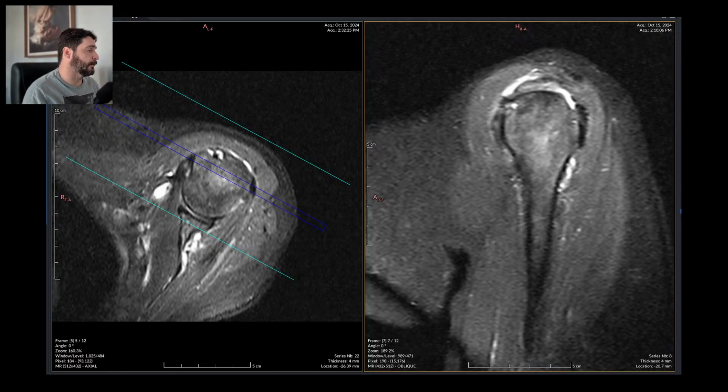The moderate osteoarthrosis and synovitis of the acromioclavicular joint. Similar disease on the glenohumeral joint. The tendinosis.